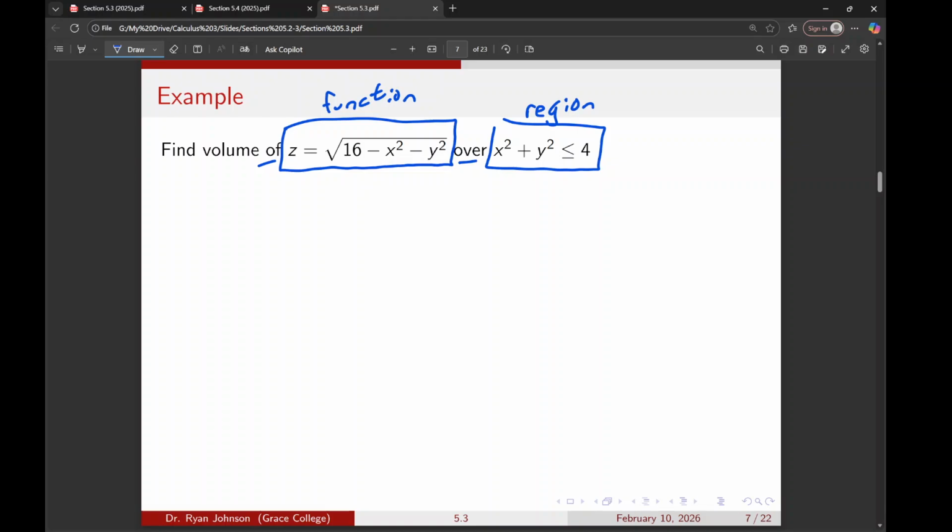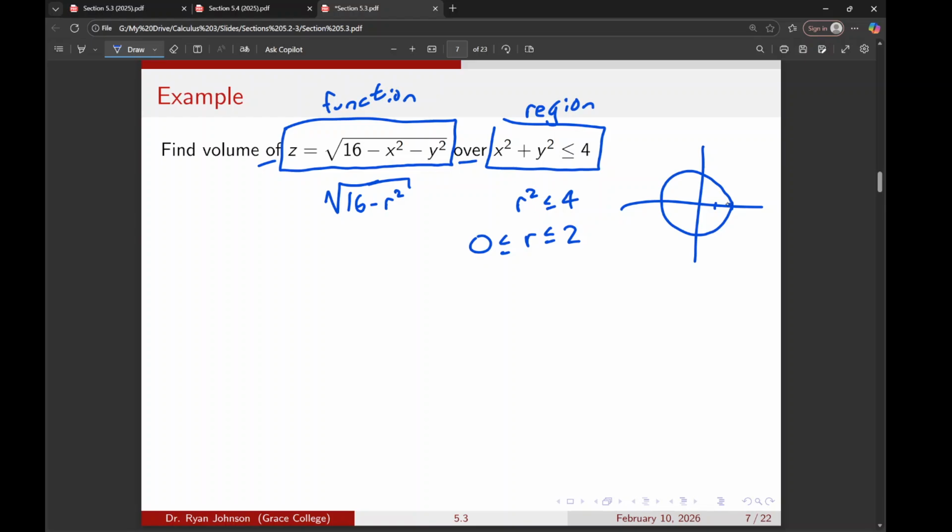My function converted to polar coordinates is the square root of 16 minus r squared. And my region is r squared less than or equal to 4, which would be r less than or equal to 2. You can use it as a positive number, because you're going between 0 and 2 when you fill in a circle like that.